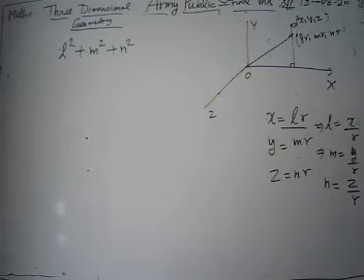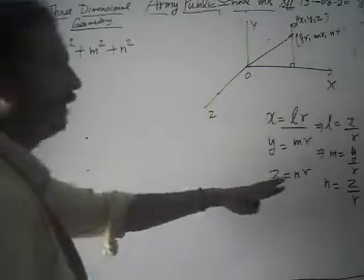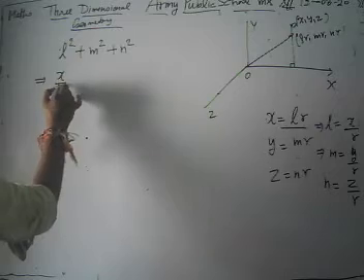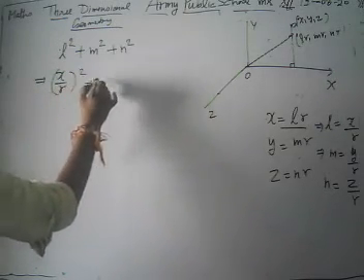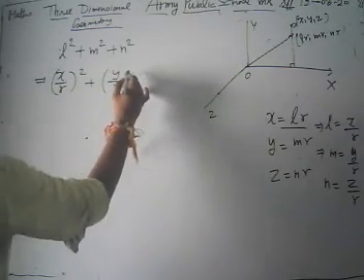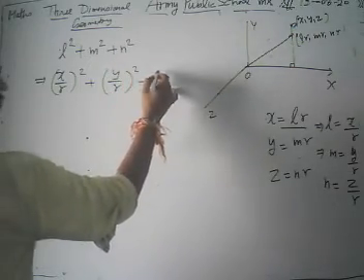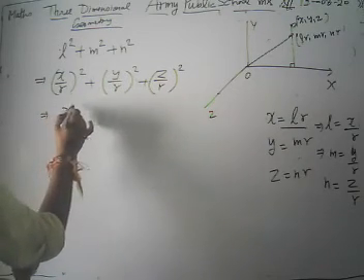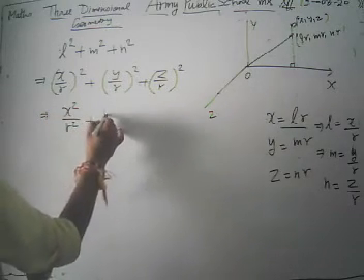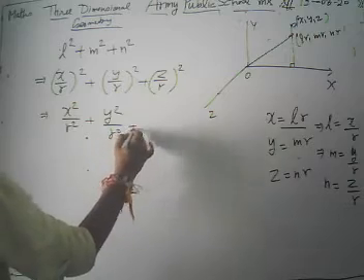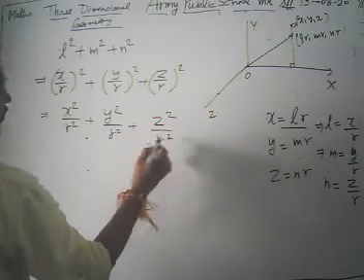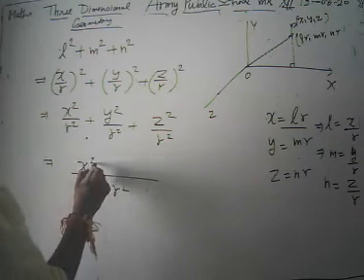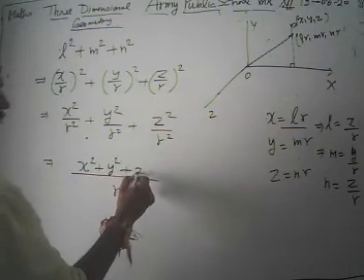Now we put l square as x by r whole square, m square as y by r whole square, and n square as z by r whole square. Now it's x square by r square plus y square by r square plus z square by r square, with the same r square. Then we have x square plus y square plus z square.